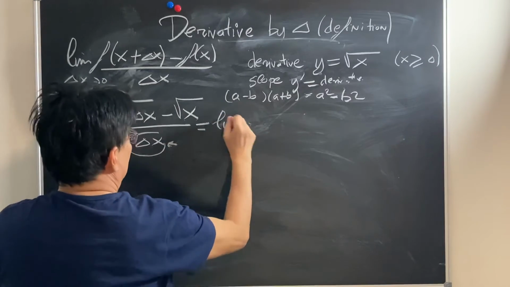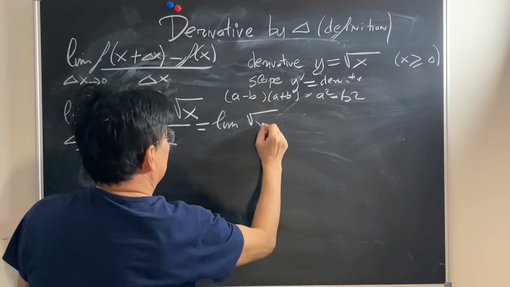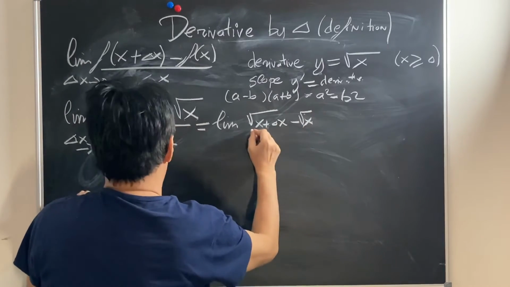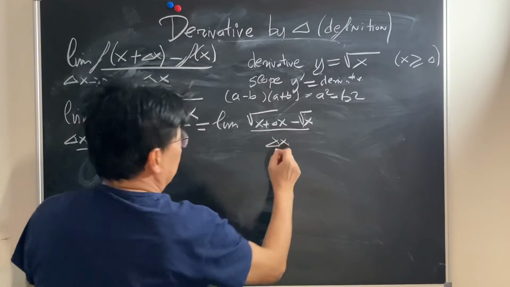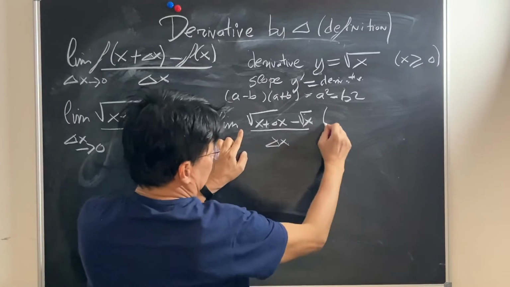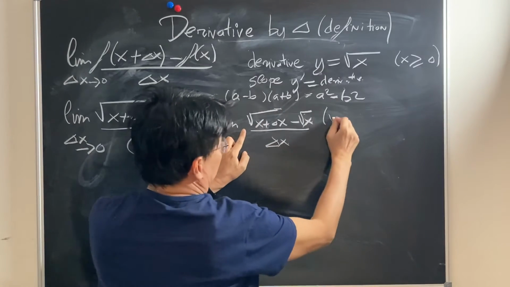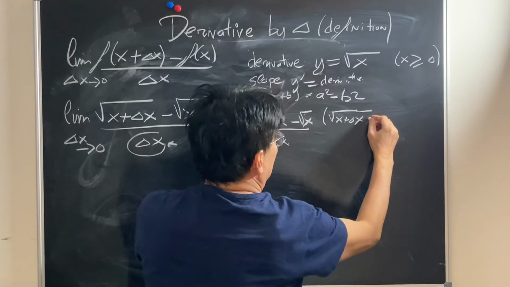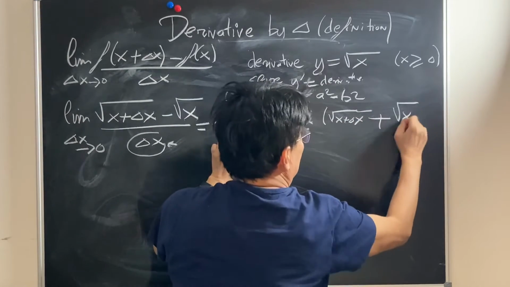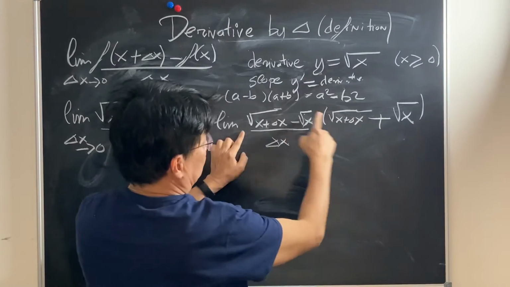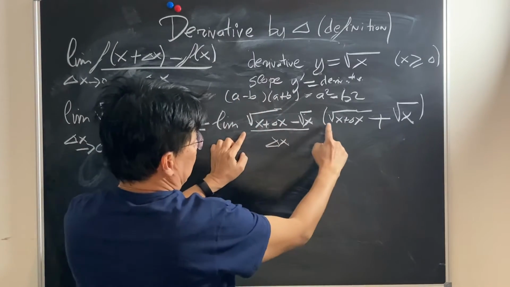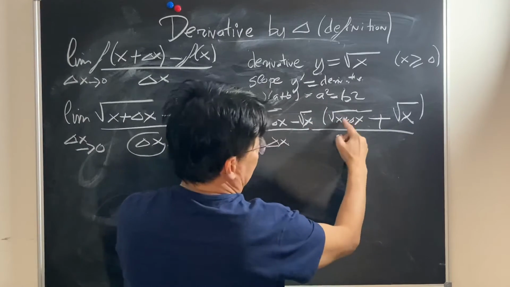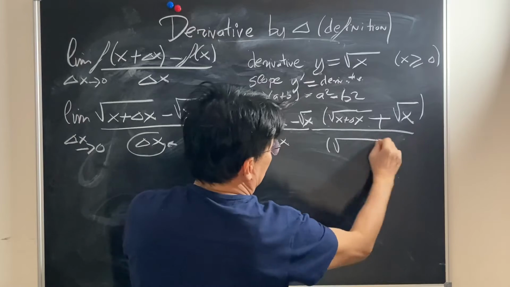You have square root of x plus delta x minus square root of x over delta x. If we multiply by square root of x plus delta x plus square root of x, a minus b times a plus b, then on the top you multiply and at the bottom you divide by exactly the same thing.